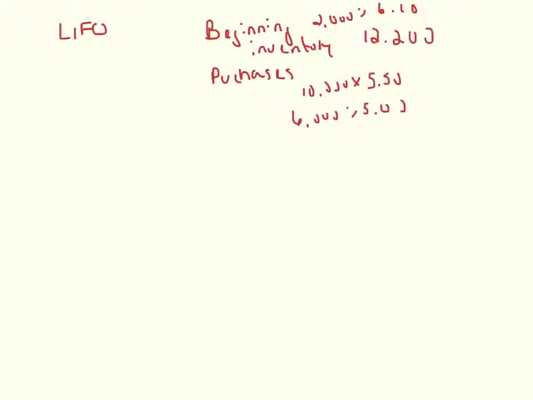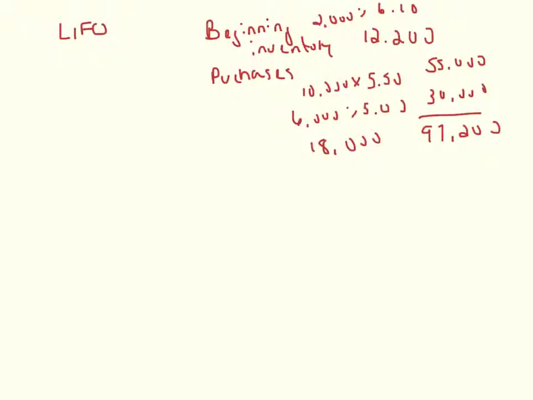Right, to come up with the 55,000 and the 30,000 to get to what we had, the 97,200, adding up all the units, 18,000 units. So this is our goods available for sale.